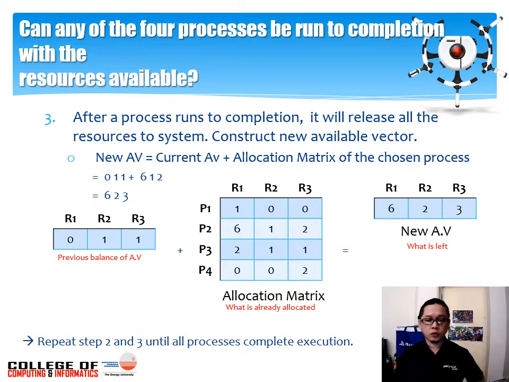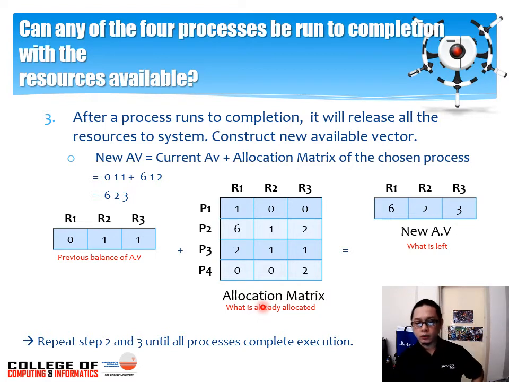This is where you use the information inside the allocation matrix. Remember, the allocation matrix is how many resources have actually been given to a certain process. By the previous decision, P2 runs to completion. So after completion, P2 must release what has already been given to it.